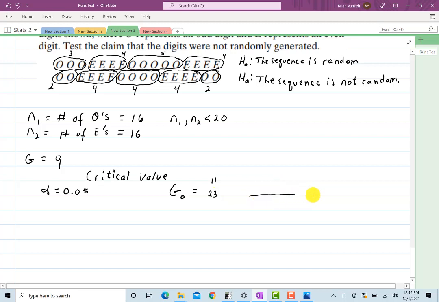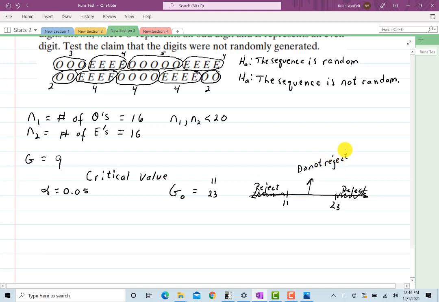So basically you want to look at it this way, I think. Let me put my 11 here, my 23. Anything out here or out here is rejection. And then inside of here, in between the 11 and 23, is do not reject.